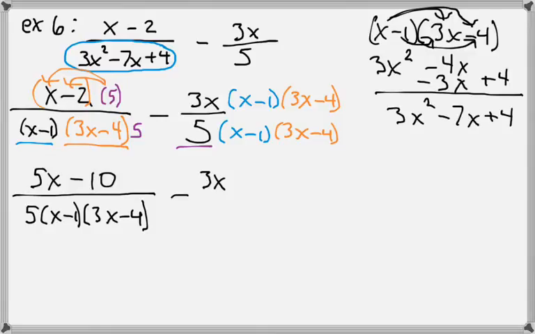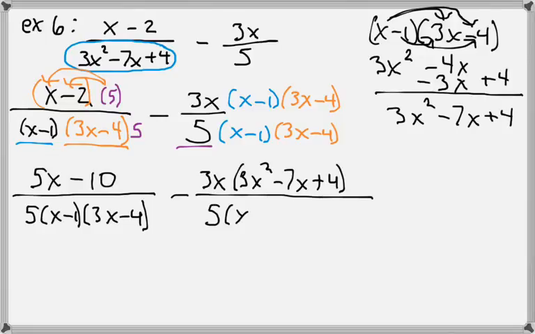So we have our 3x squared minus 7x plus 4, all over our common denominator, 5 times x minus 1 times a 3x minus 4. I still have a distribution to make. I still have that guy that needs to go to all three places.